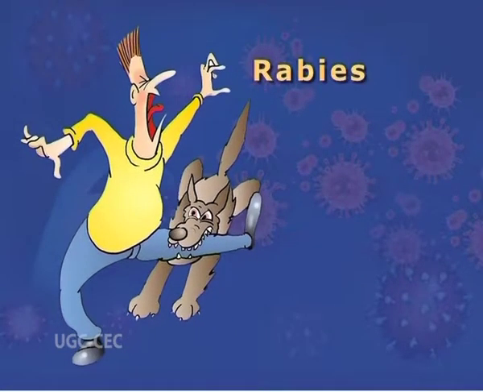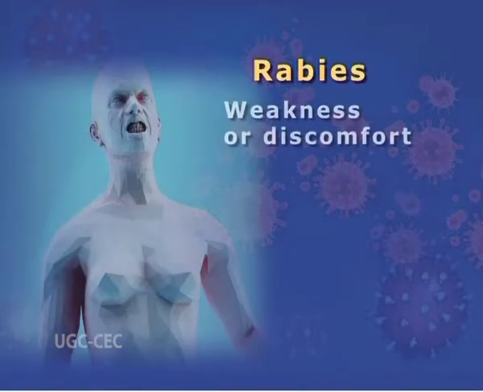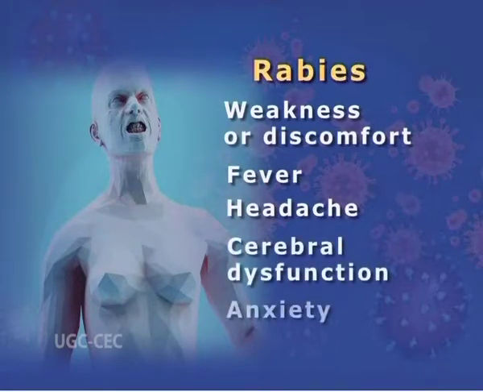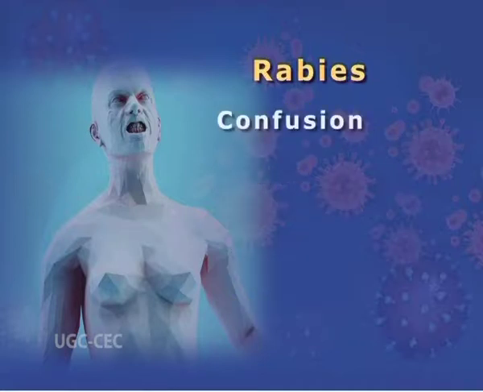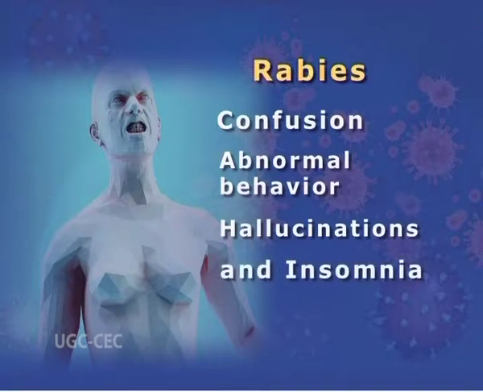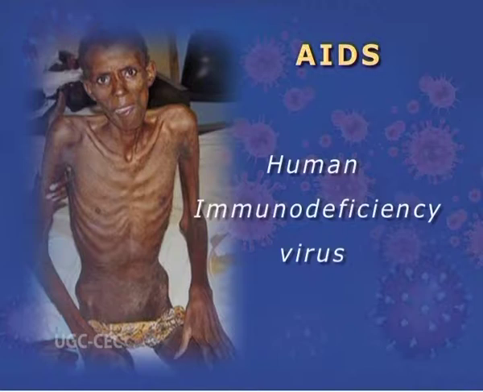Rabies, causative agent rhabdovirus. Symptoms: weakness or discomfort, fever, headache, cerebral dysfunction, anxiety, confusion, abnormal behavior, hallucinations and insomnia. AIDS, causative agent human immunodeficiency virus.